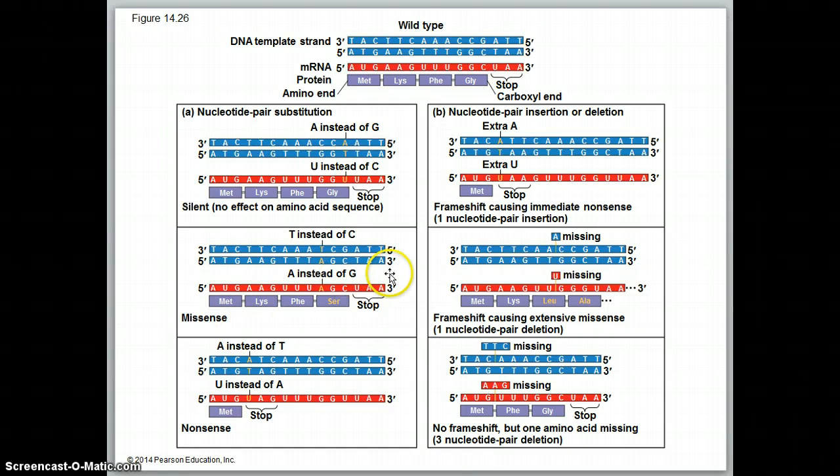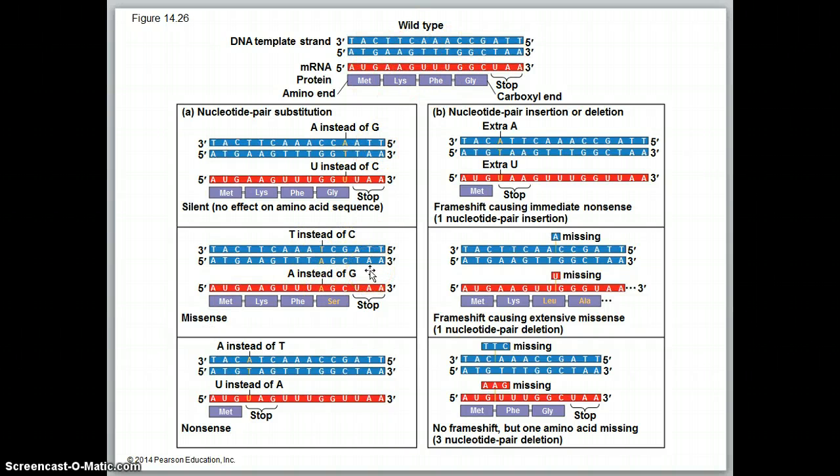With missense, you have a T instead of a C in this position, which will cause an A instead of a G in the mRNA, which will cause the amino acid serine to appear in the protein. Okay, this is a missense, still coding for a protein, but you're going to have one amino acid that's a little bit off from the wild type.